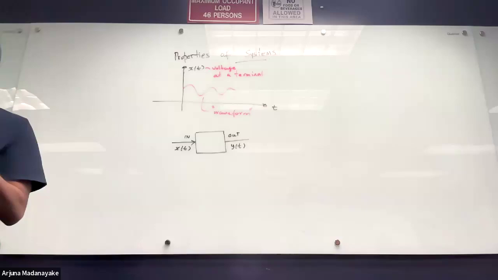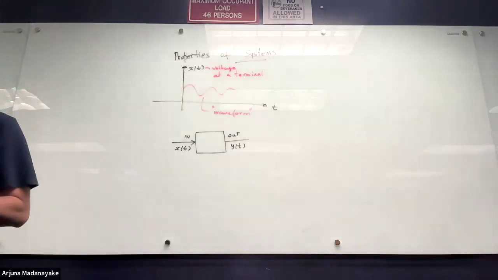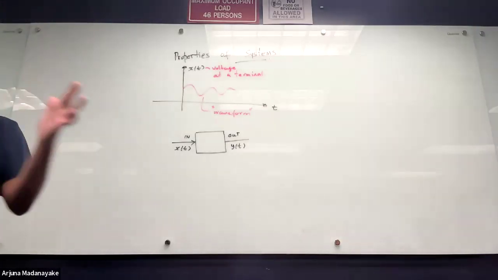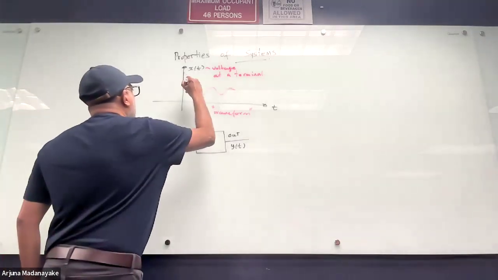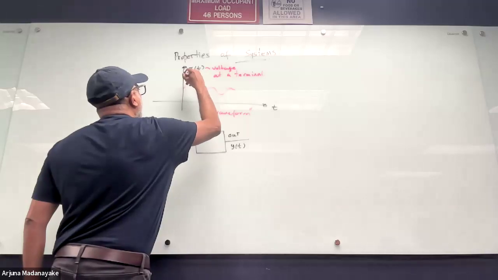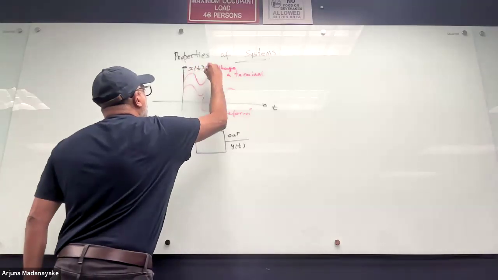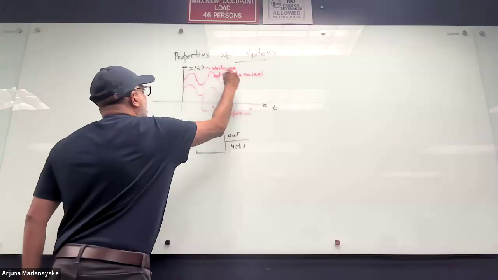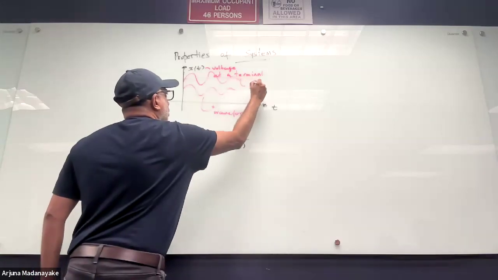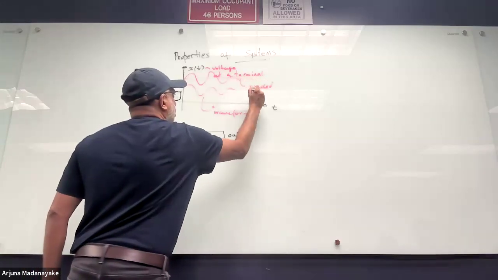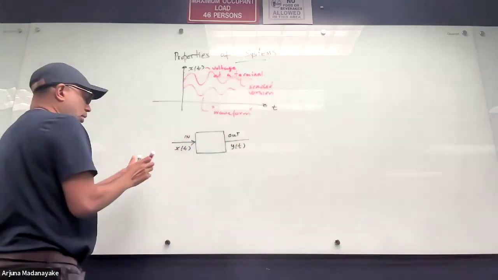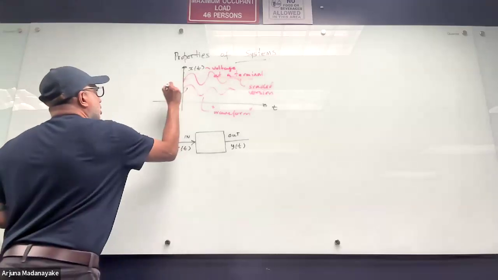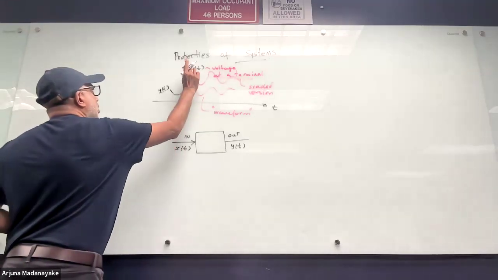And if the output is simply a scaled version of the input, no change in the shape except it's just got bigger, then we can say that this is a scaled version. So here's my output, y of t.